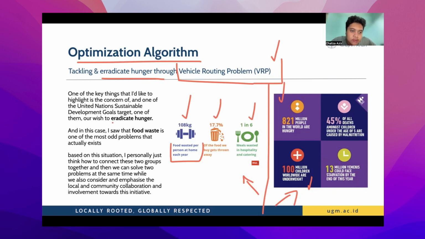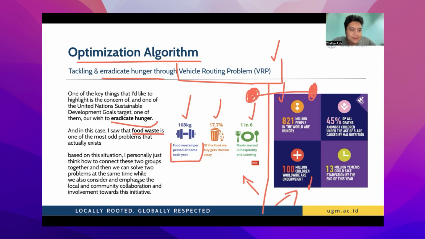And as I'd like to move back, eradicating hunger is one of the UN Sustainable Development Goals targets. And food waste is also a problem, where again it's a dumb problem. So the thing is, what if we just connect this group, the people who usually waste food, and give that extra food to this group?